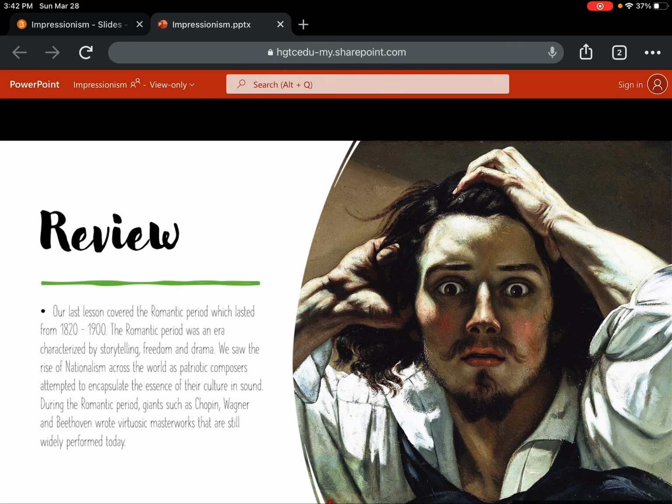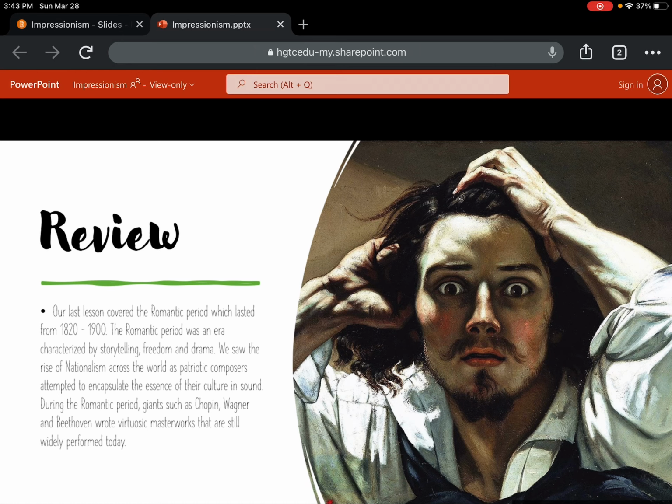And during the Romantic period, we saw huge, very influential composers like Chopin and Wagner and Beethoven, who wrote these huge virtuosic masterworks that are still widely performed today. Romantic music is very well established in the concert repertoire of all the major orchestras around the world. And so that's what we're coming from.